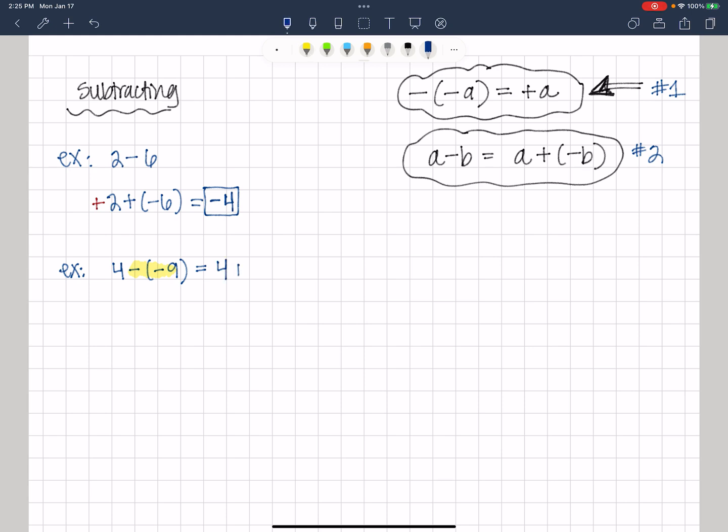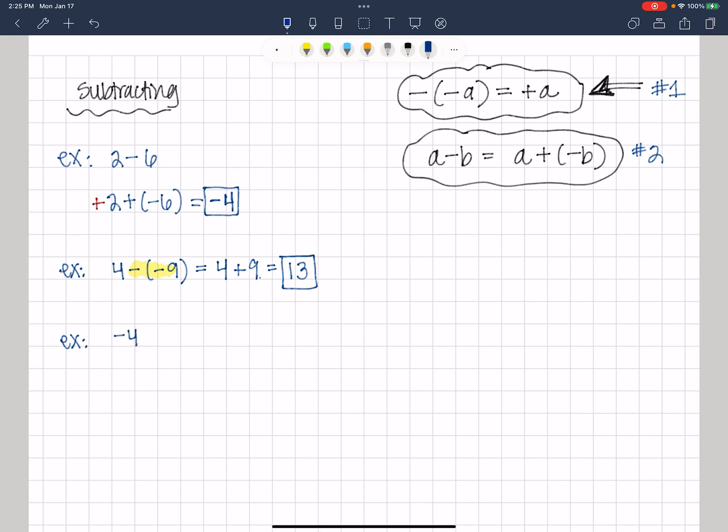So this becomes 4 plus 9. They're both positive, so we're going to add. Same sign, add, take the sign of the larger value. 9 is larger than 4, 9 is positive, so our answer is positive 13. 4 plus 9 is indeed 13.